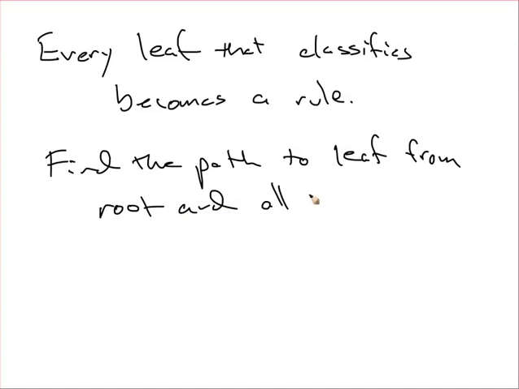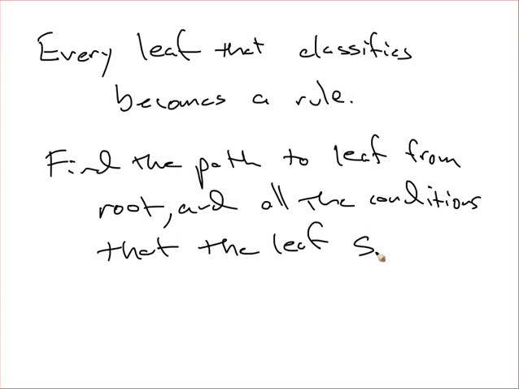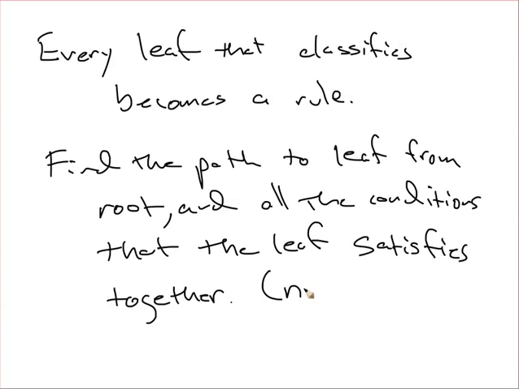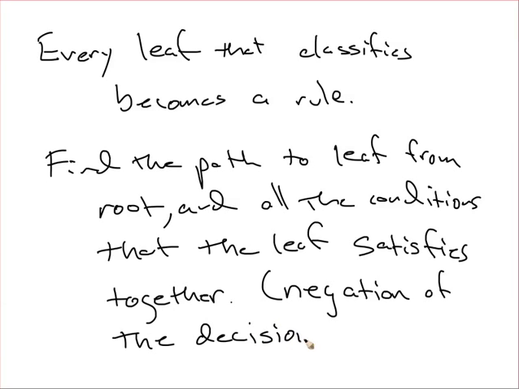We have to and all the conditions that the leaf satisfies together. The only trick with that is that when a leaf is on a false part of a branch, then we have to take the opposite of the condition. So sometimes that negation of the decision rules will have to happen. If we wanted to write this as some kind of pseudocode or just a procedure we could follow, that's what we ended up doing.